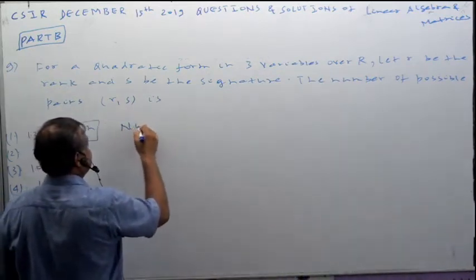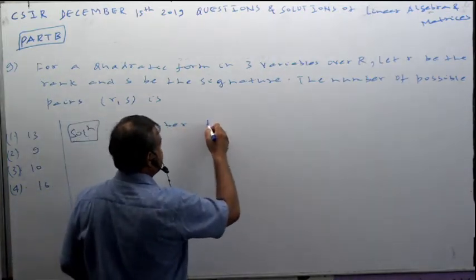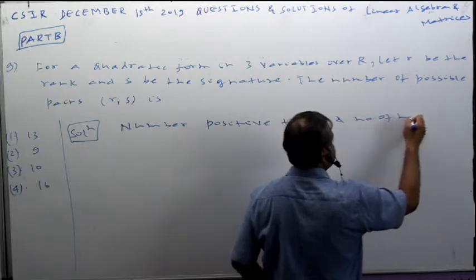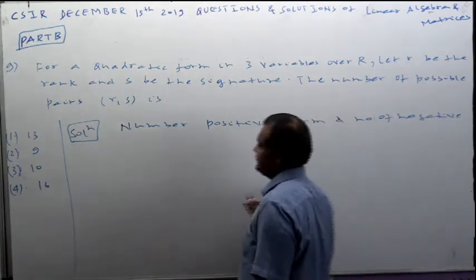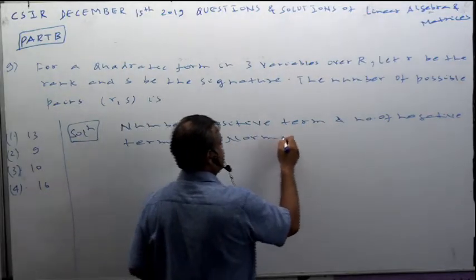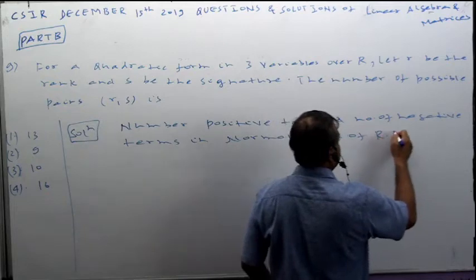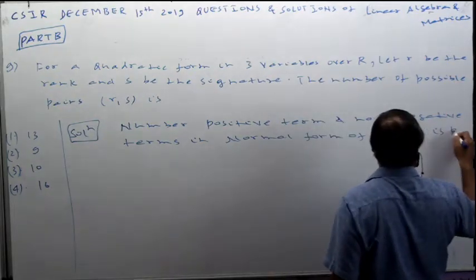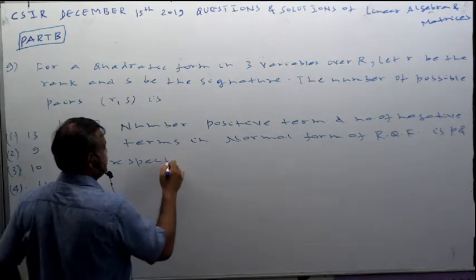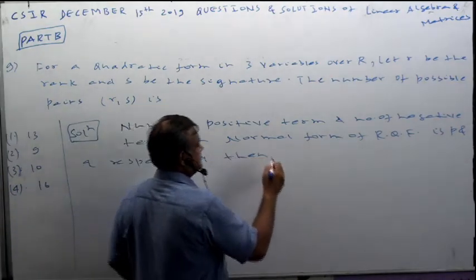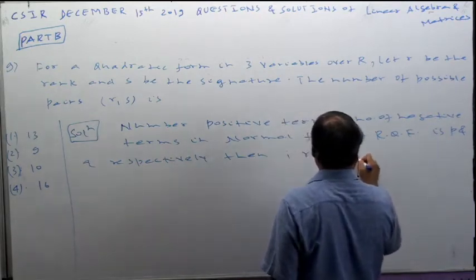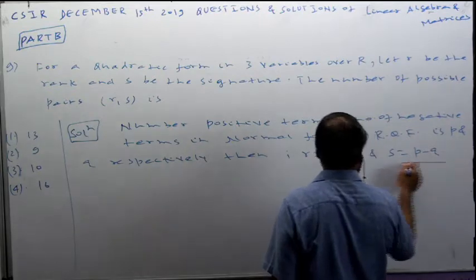So in solution I am writing that if the number of positive terms and the number of negative terms in the normal form, canonical form, of a real quadratic form is P and Q respectively, then rank is P plus Q and signature is P minus Q. I hope you are happy.